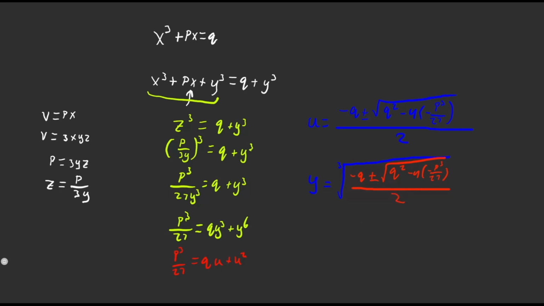But now we can go ahead and simplify what's inside the cube root, whereas we will get y is equal to the cube root of minus q over 2 plus or minus the square root of q squared over 4 minus or plus p cubed over 27.